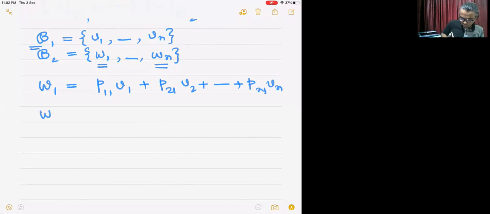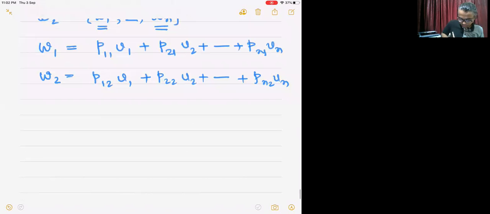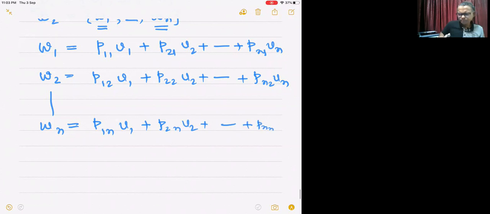Similarly, W2 will be equal to P12 V1 plus P22 V2 plus dot dot dot up to Pn2 Vn. That continues till I have Wn equals P1n V1 plus P2n V2 plus dot dot dot up to Pnn Vn, right?